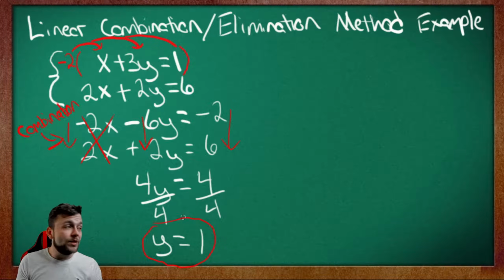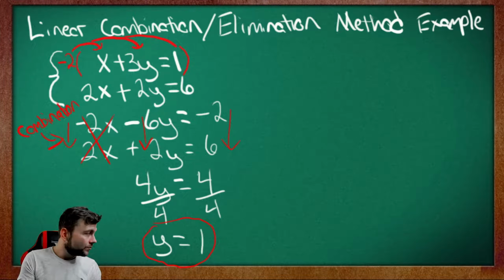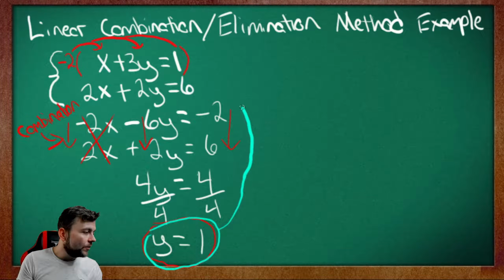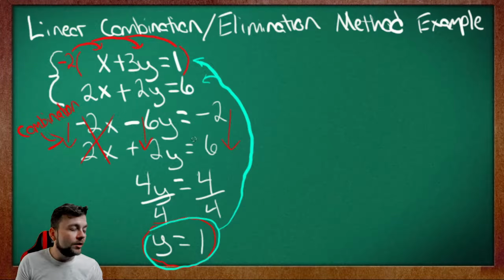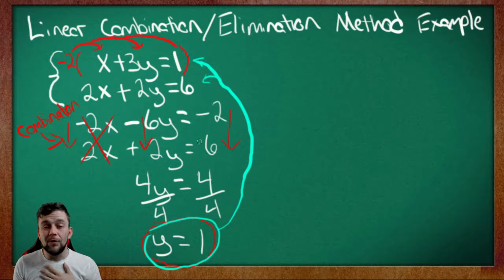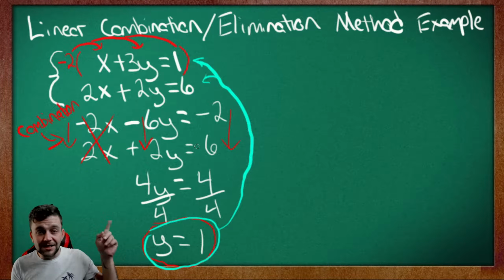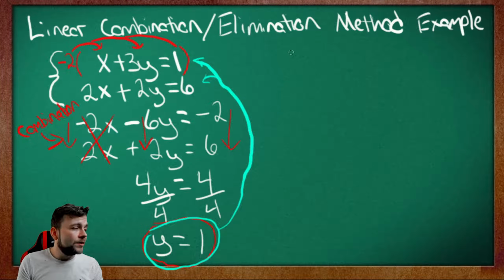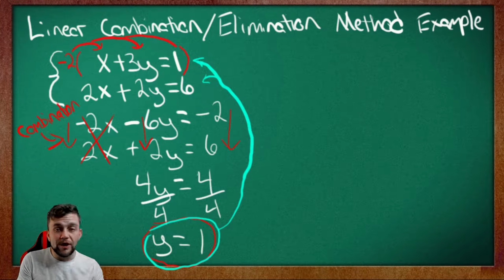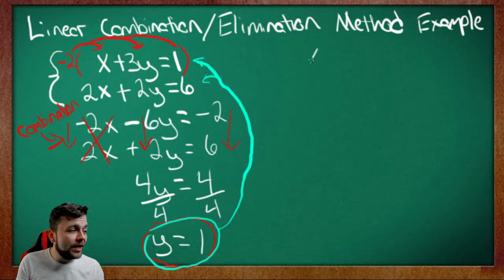Now I'm going to circle this again in a different color so we can see it apart from everything else. We want to go back in and plug this into one of these two equations. Whichever one you want, but I'm going to pick the top one, because it looks the nicest since the x is by itself. We use the original equations, not the modified ones.